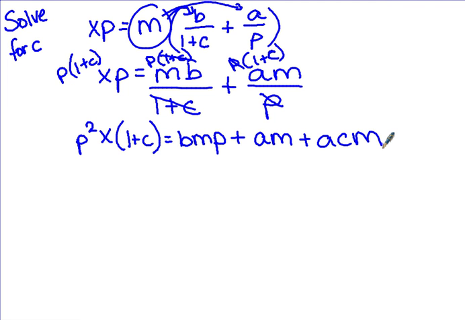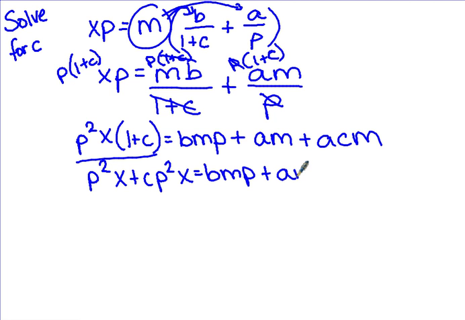Again, we're solving for c, so I want everything that has a c in it to be on one side of the equation. In order to do that, I need to distribute this term also. So it'll be p squared x plus c p squared x. Again, we're going to get all the c terms on one side.